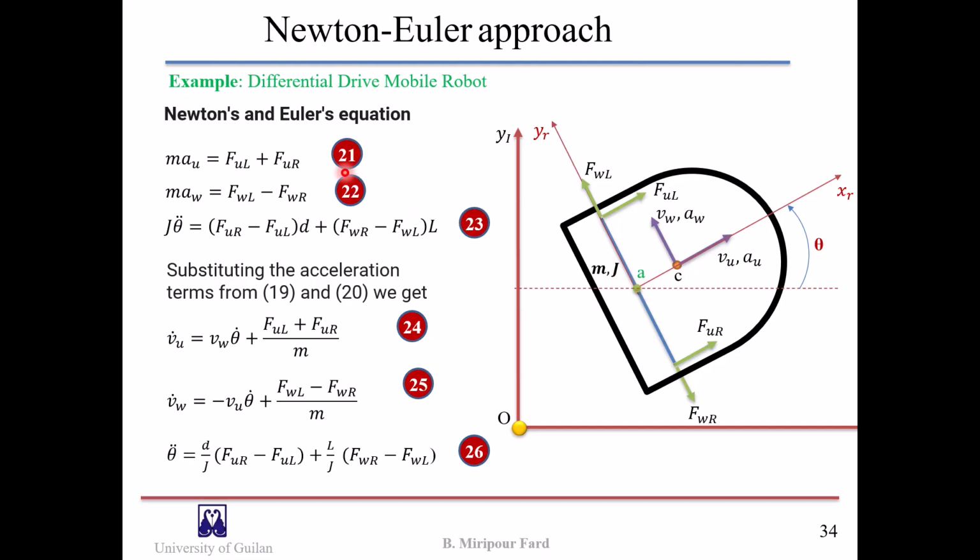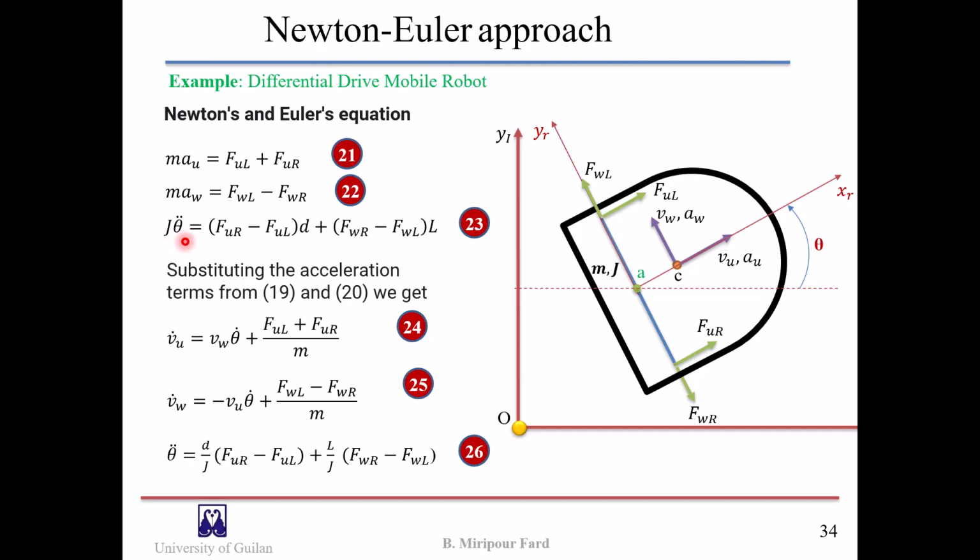So the dynamic equations are, as you can see here, M times A_U equals F_UL plus F_UR, and M A_W equals F_WL minus F_WR.